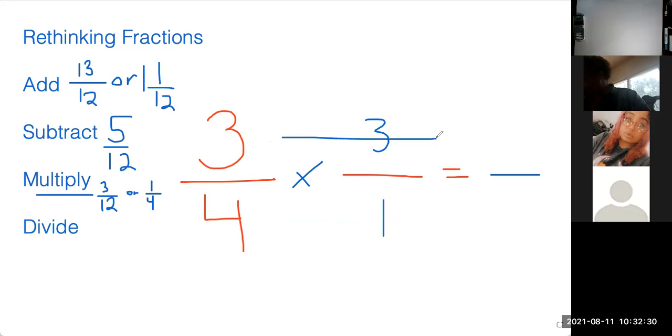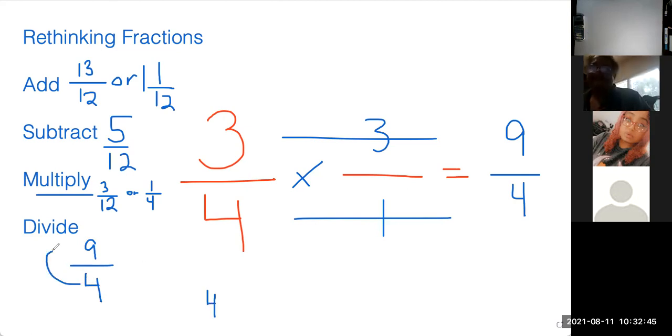And now we multiply across, top and bottom, 9/4. That is technically a correct answer. It's an improper fraction. How many times does 4 go into 9? Two. Yep. So it's just a quick division problem. 4 goes into 9 2 times with a remainder of 1.